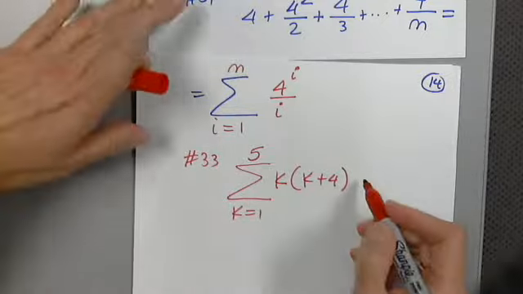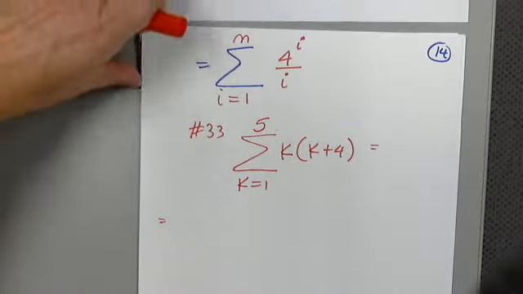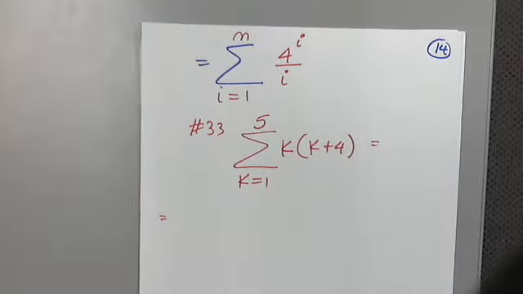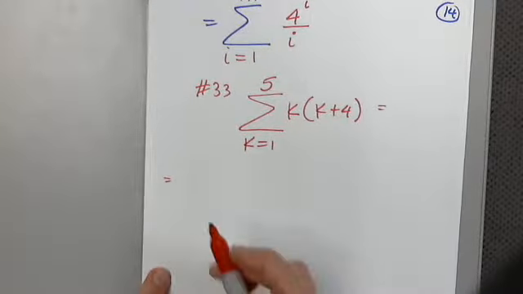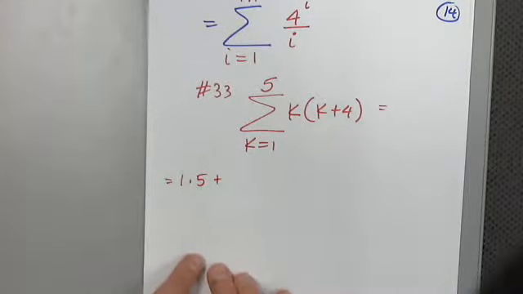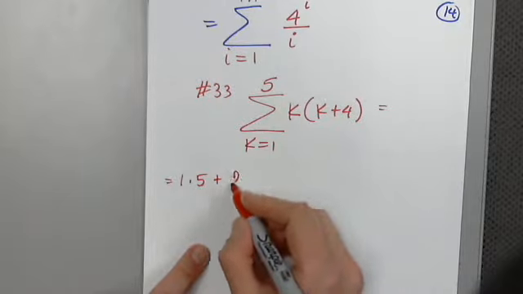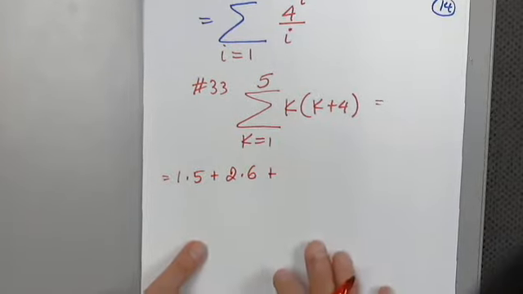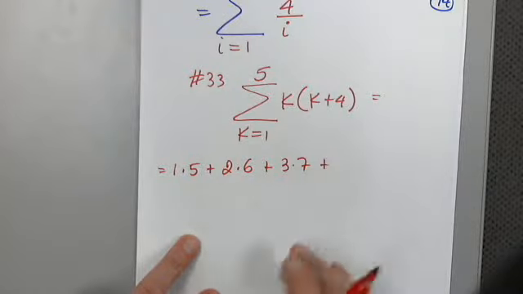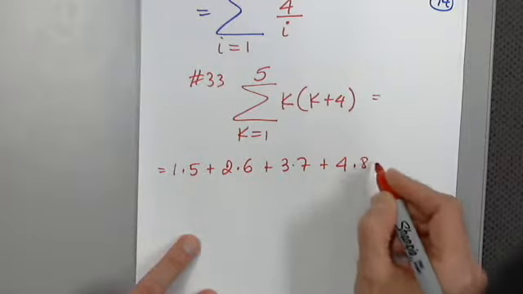Ready? So please give me those 5 terms that we will eventually add. When k is 1, 1 times 5, plus. When k is 2, very good, plus. When k is 3, 3 times 7, very good, plus. When k is 4, 4 times 8, plus.